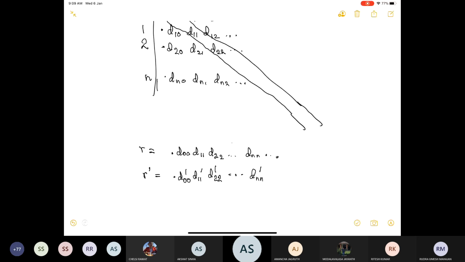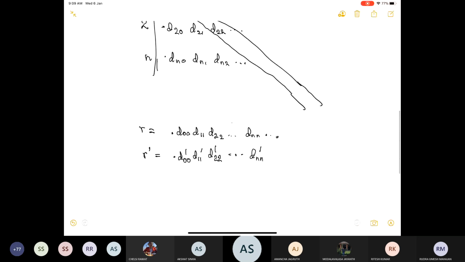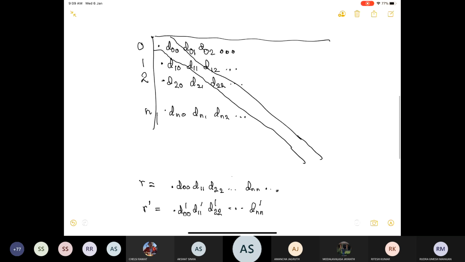Then we can claim that this R dash will not appear anywhere in this table, right? Why is that? Can somebody answer that? So because there's at least one digit that differs. Yes, that's true. So for argument's sake, suppose you say that R dash appears in the ith row, right?